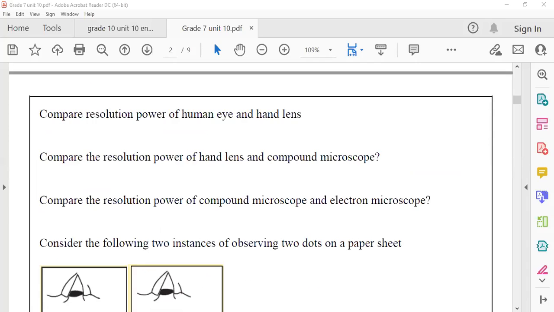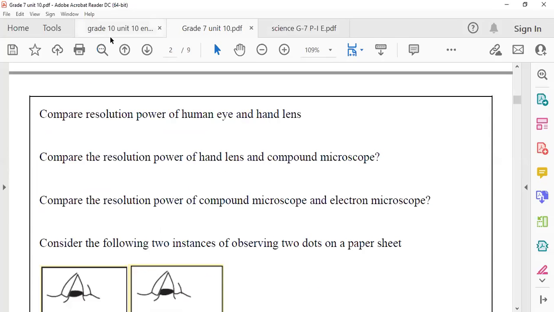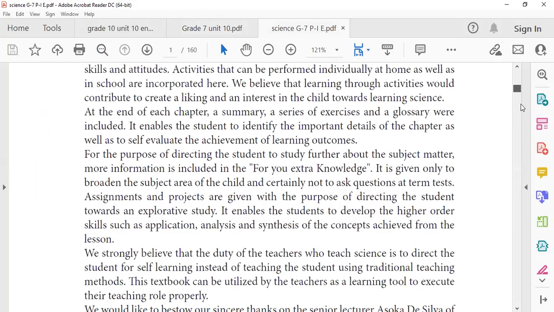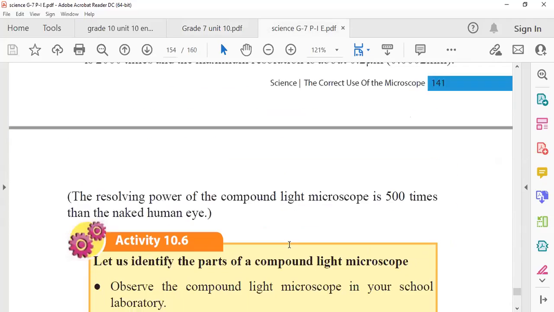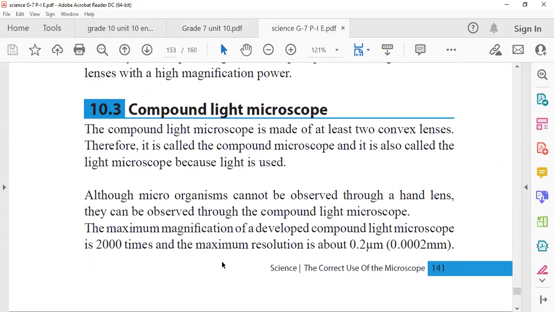If you take the resolving power of a compound microscope, to my knowledge, it is 0.2 micrometer. How much? 0.2 micrometer.